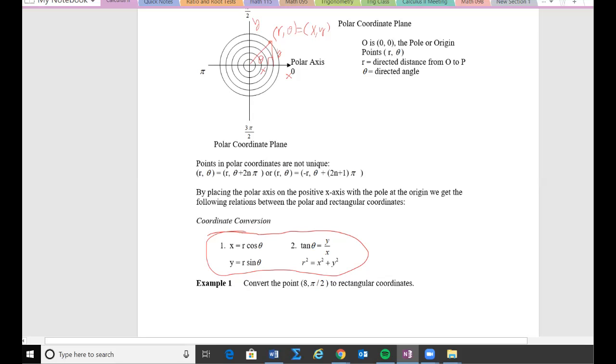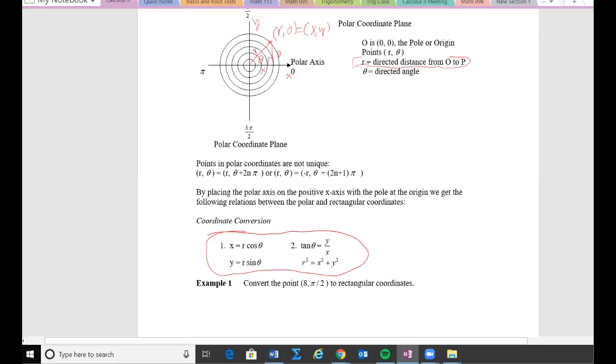And we see the connections here between these two. This is r. Now r is a directed distance, which means it could be positive or negative. Unlike with trigonometry, we don't see that in a negative r, but in polar coordinates, we will see a value of r that could be negative.